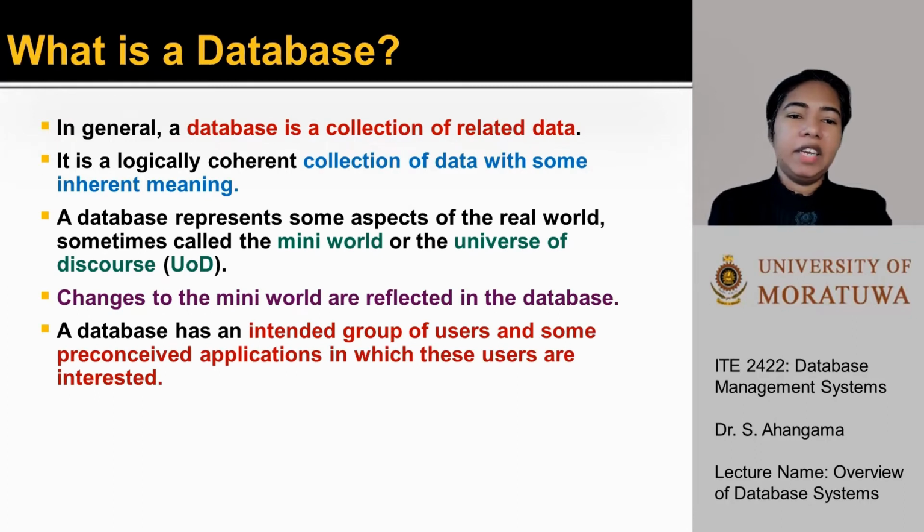What is a database? In general, a database is a collection of related data. It is a logically coherent collection of data with some inherent meaning. When you create a database for the university, you should store only related data.